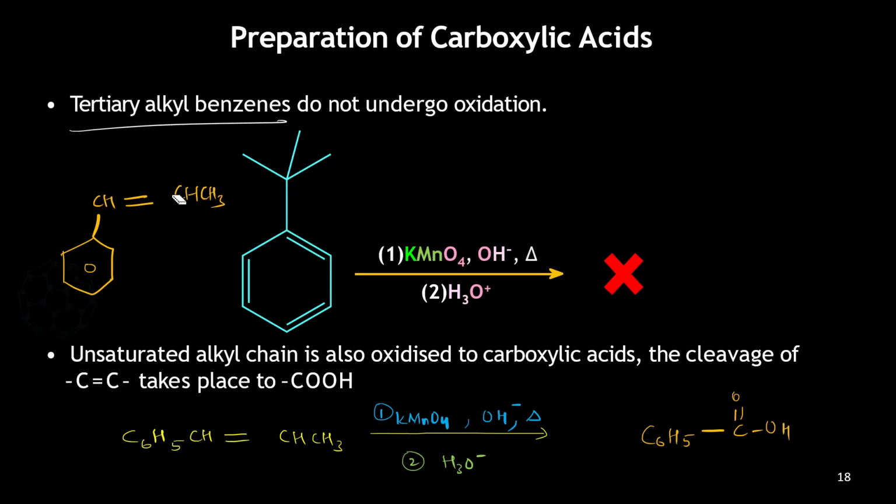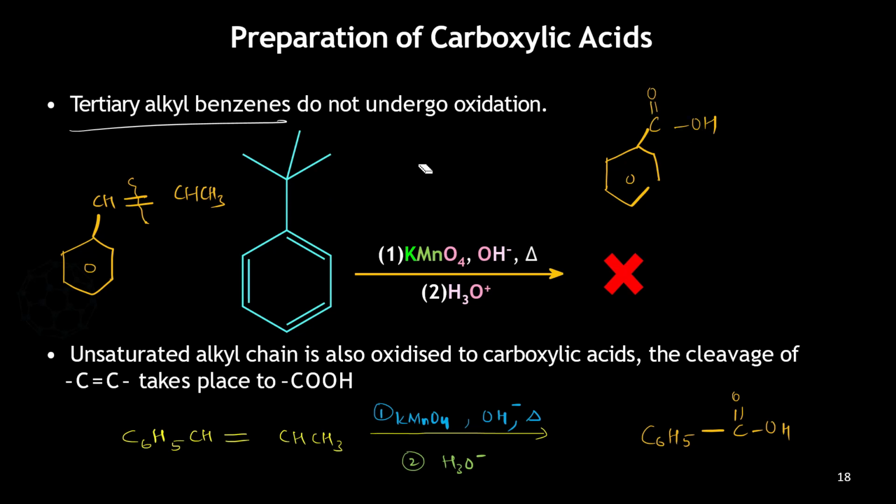So remember, the bond will be broken like this. Okay, and that will result in formation of the carboxylic acid like this. So whatever the double bond is there, it will break and it will result in formation of carboxylic acid. Is this clear?